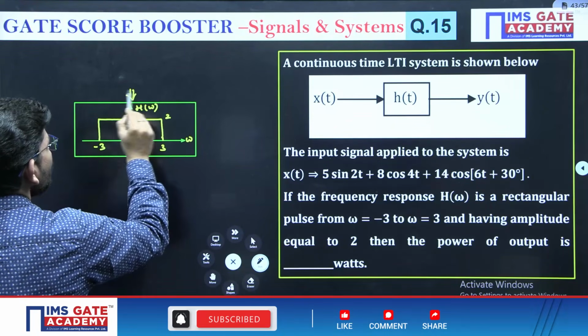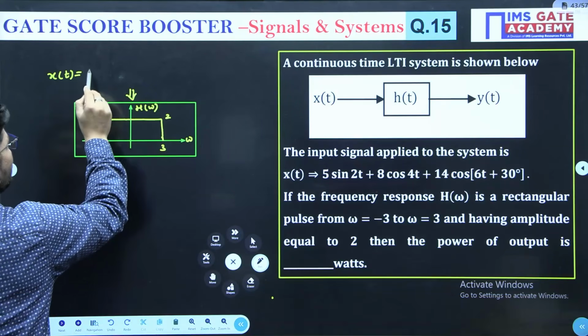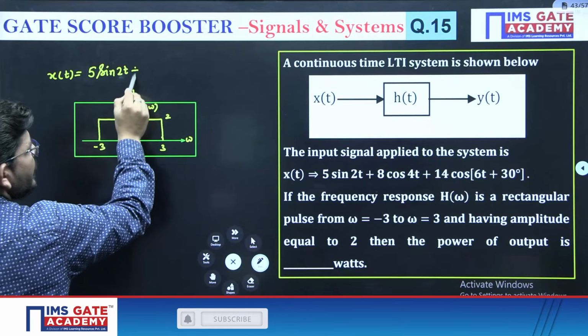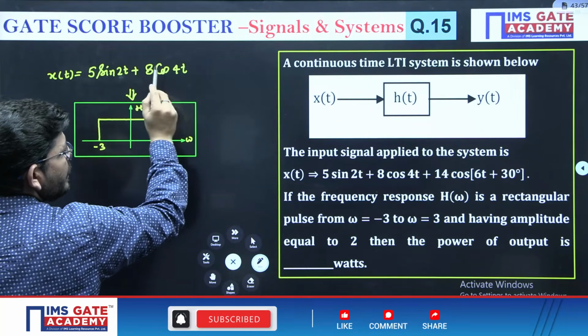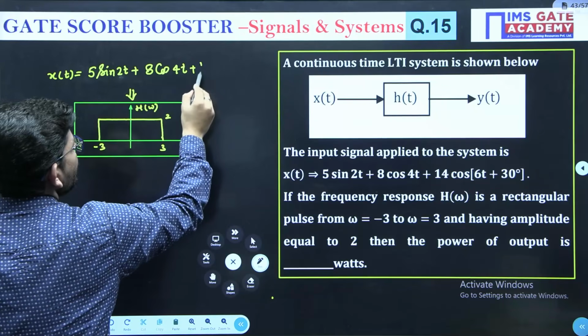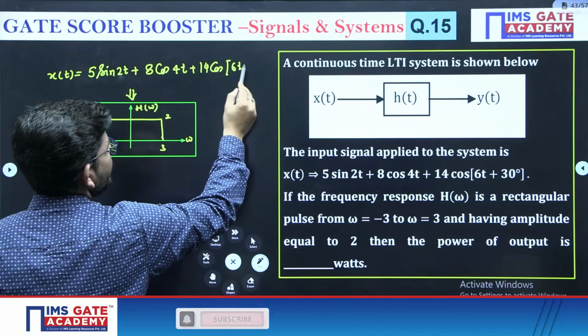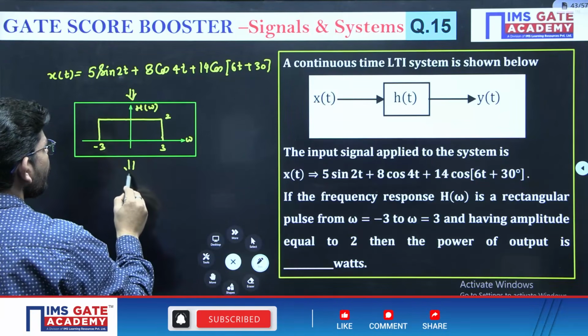Now we have given it an input signal x(t), which is 5 sin 2t plus 8 cos 4t plus 14 cos 6t plus 30. Now what is going to be the output?